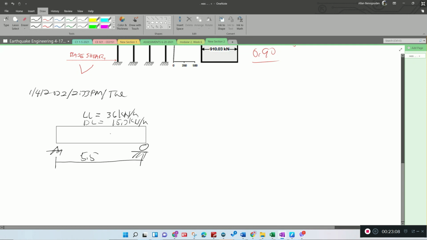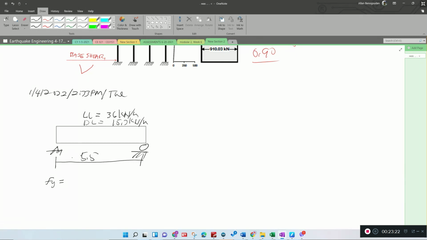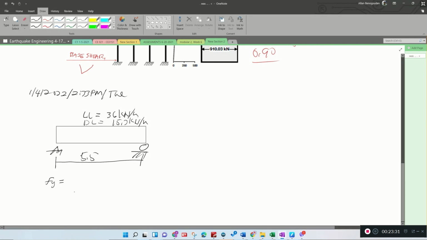And F1 is given. So Fy is equal to 420 megapascals. F prime C is equal to 28 megapascals, and this one is our required. How do you think we're going to do this?